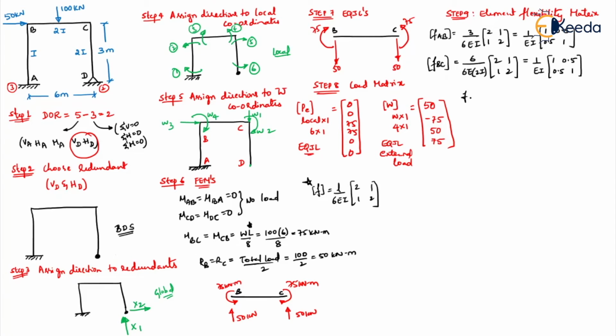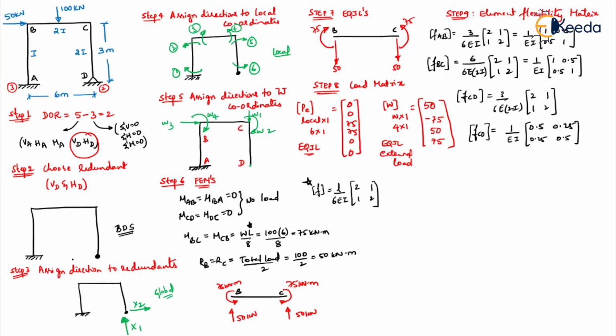And for the last one, what is that? FCD. For FCD it is L is 3 by 6, EI is 2I, right? 2, 1, 1, 2. So that will be 1 by EI into 0.5, 0.25, 0.25 and 0.5. So this is FCD.